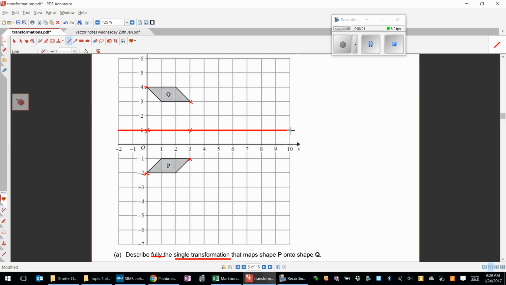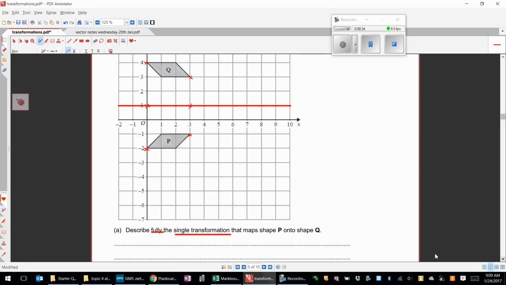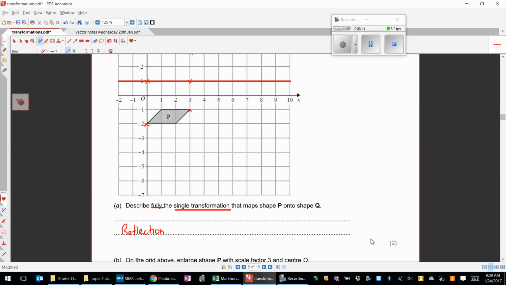Now, when we describe fully the single transformation, the first thing we've got to write is the fact we think it's a reflection. But I wanted to point out there are 2 marks here. Saying reflection is only going to get you 1 of them. So we need to say where the mirror line is, and we can't say reflection in the mirror line.